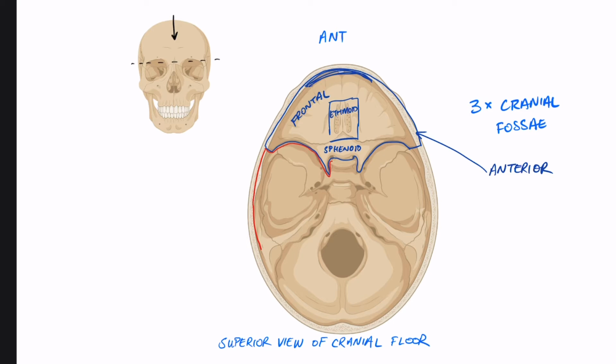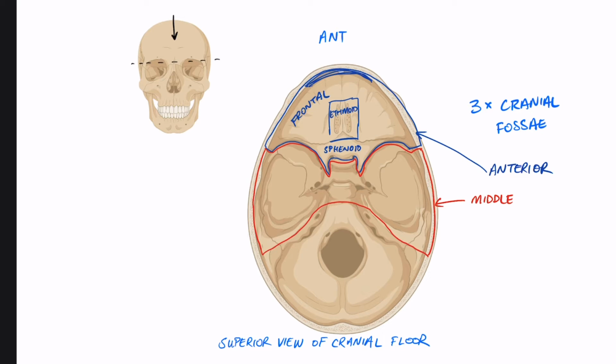Now then, posteriorly from the anterior cranial fossa, outlined in red here, we will find the middle cranial fossa. I really love how these are named. In the middle cranial fossa, we would expect it to hold the temporal lobes of the brain, and of course the parietals will sit a little bit more superiorly to that.